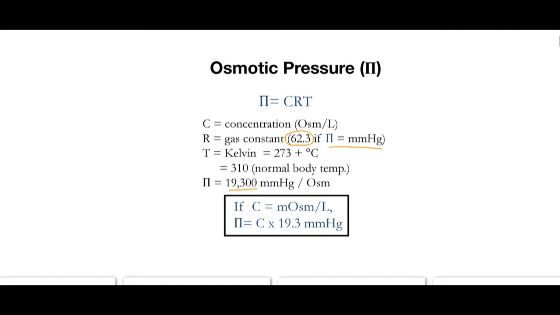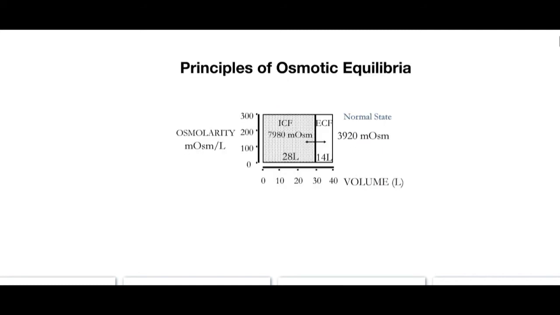If your body temperature changes, then that 19.3 is going to change, right? Because we're looking at temperature in Kelvin, and that's one of the parameters. The universal gas constant is not going to change. So for all intents and purposes, 19.3 is a good one to remember as the RT value for your osmotic pressure. Then you just multiply by the concentration to figure out the osmotic pressure that's going to govern which way your fluid is going to move, inside or outside the cell.